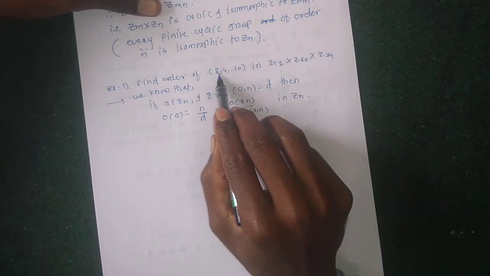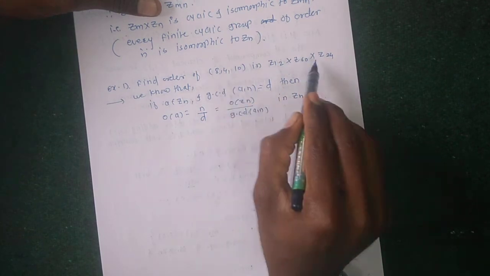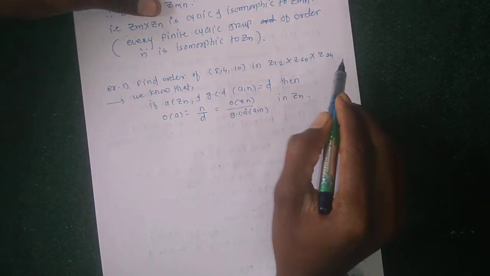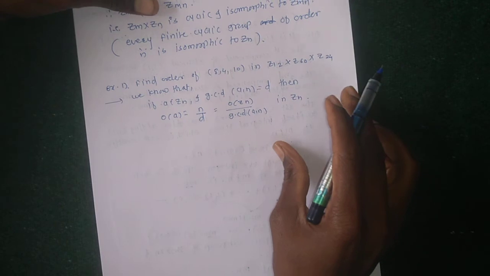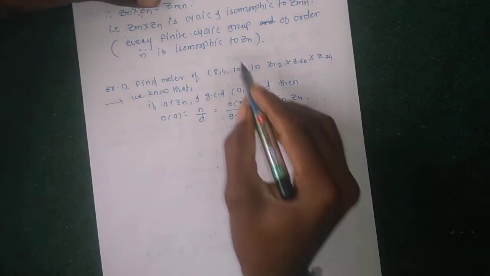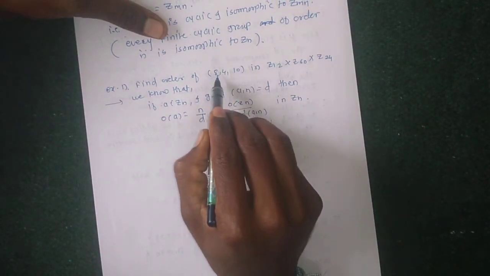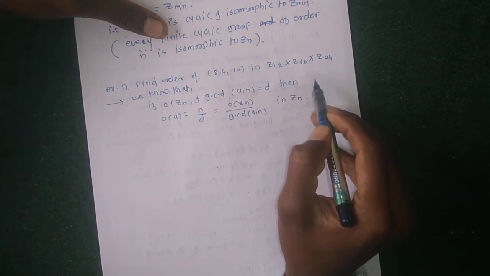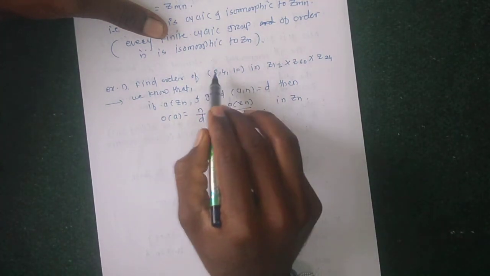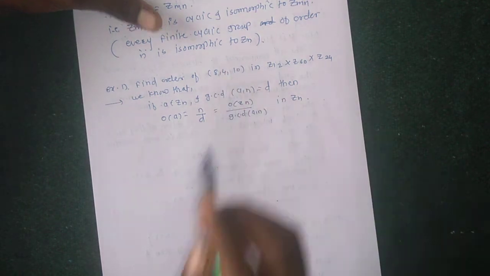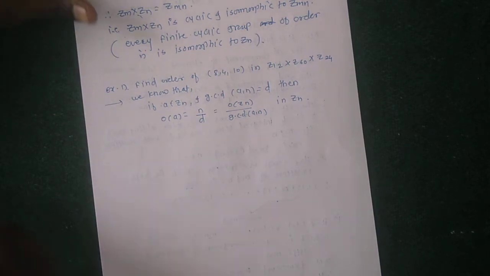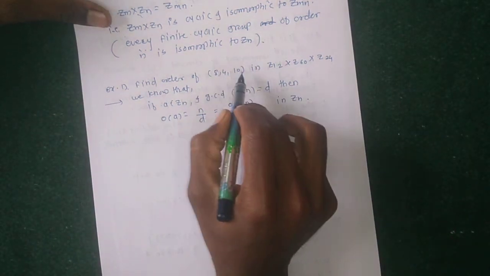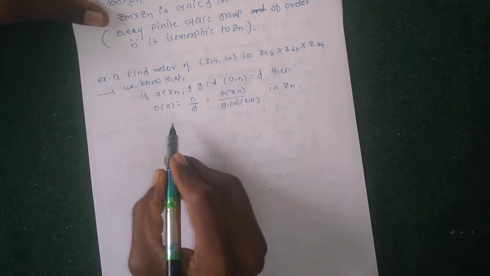So find the order of each element in its own set. Then lastly, combining all of them, we find the LCM of the orders of these three elements, and that LCM gives the order of this element.